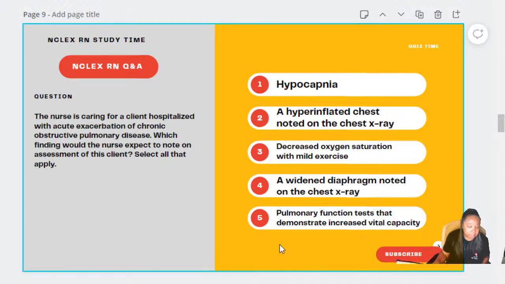Because the vital capacity is the amount of air the lung can carry. It will be less in a patient with COPD because the elasticity of the lung is not normal. It's mostly stiff and it's not going to be increased. The vital capacity will be less.